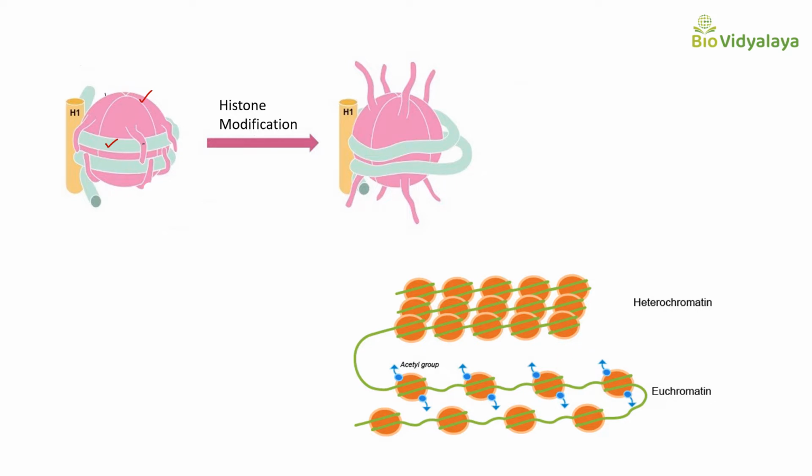Here you can see the loosening of DNA. And it will cause open chromatin formation, which is called euchromatin. Here in this picture you can see this is open chromatin, called euchromatin, and that leads to gene activation.